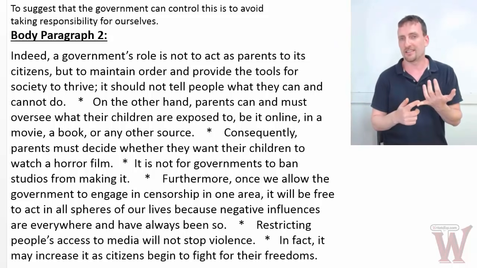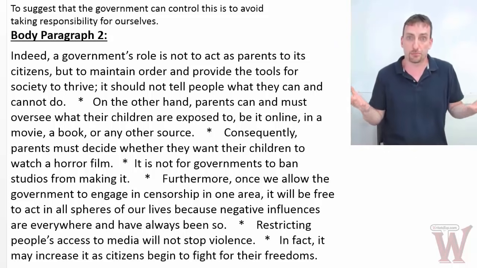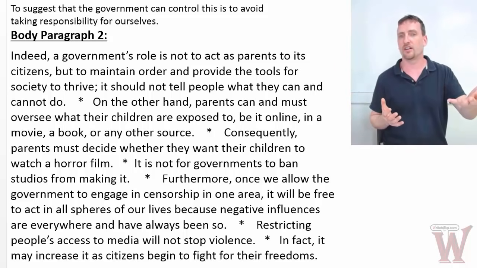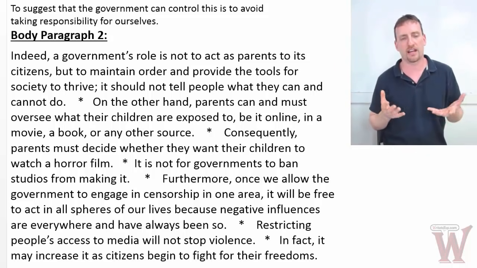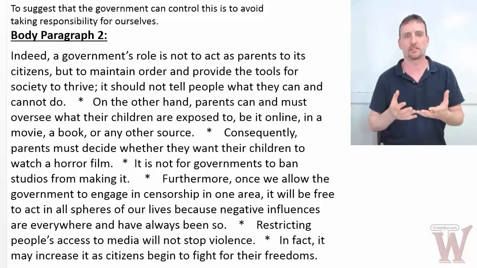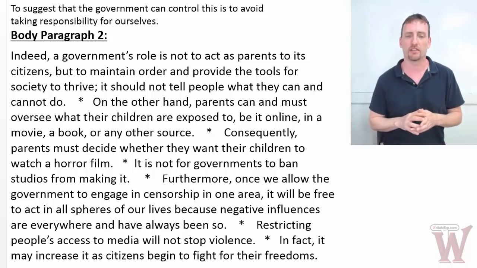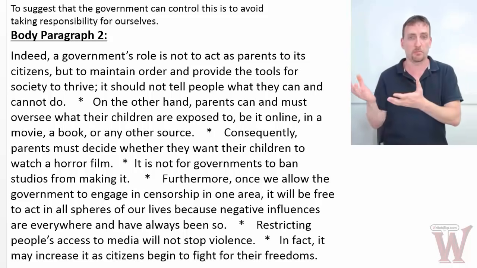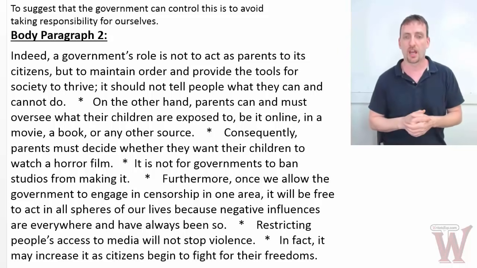They can see violence in movies, but they can easily read about violence in books. Lots of violent books out there. They can see it on the internet. They have lots of access to violent images, violent text, violent anything, right? They can even be influenced by their friends who are not online, not on media, no control there.